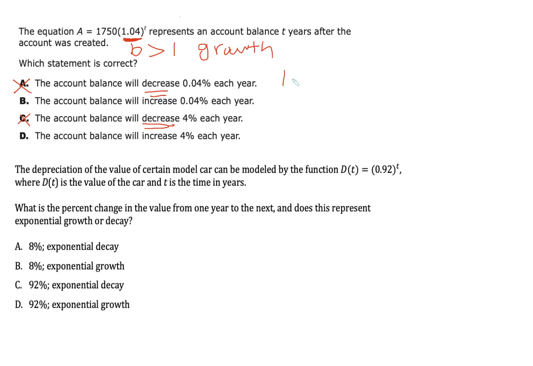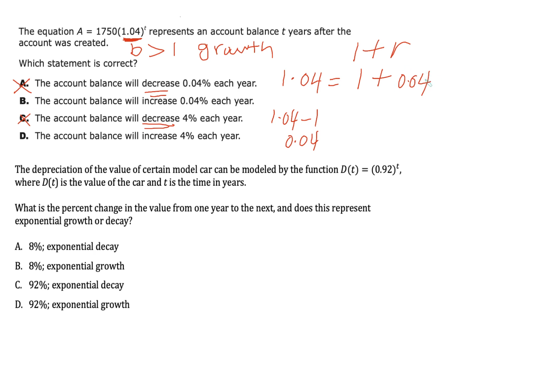Now your growth factor is 1.04, and I'm going to unpack this because remember your growth factor is 1 plus r. So this is 1 plus 0.04. And again, how did I get that? I took my 1.04 and subtracted 1, which gave me 0.04. Now you must remember, we can't use that.